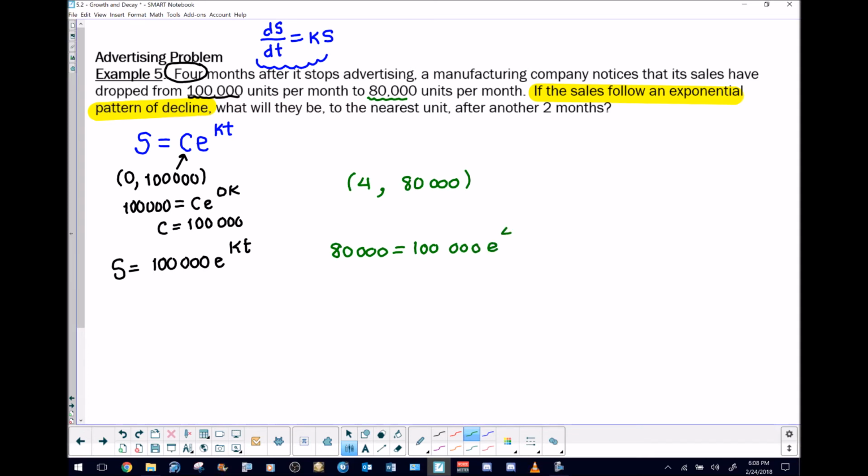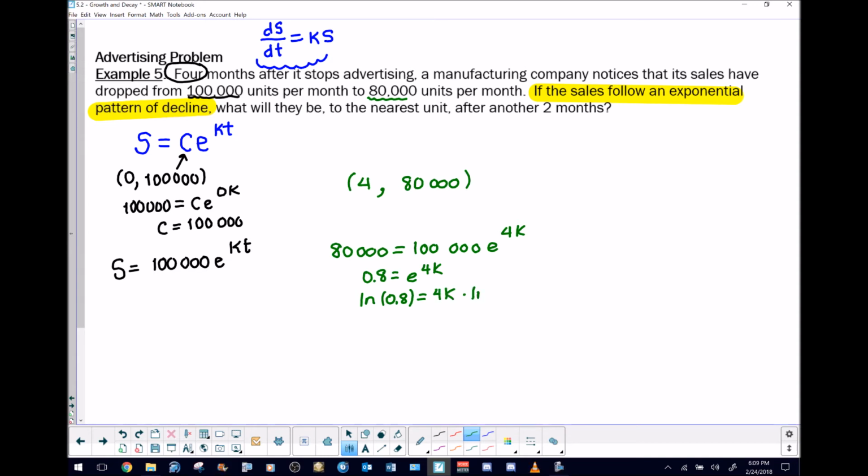So now we have an equation that contains the single variable K that we can find. If we divide by 100,000, we could just call this 0.8. And at this point, we could take the natural log of both sides. And at that point, the 4K would come out in front, right?